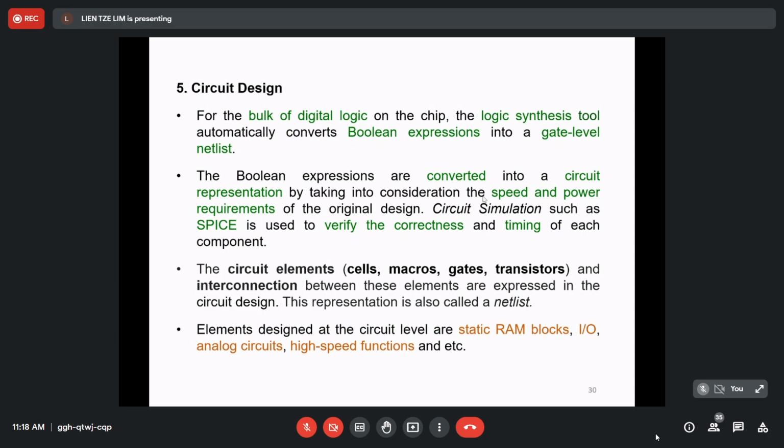Circuit simulations such as SPICE are used to verify the correctness and timing of each component. The circuit elements, cells, macros, gates, transistors, and interconnections between these elements are expressed in the circuit design. This representation is called a netlist.